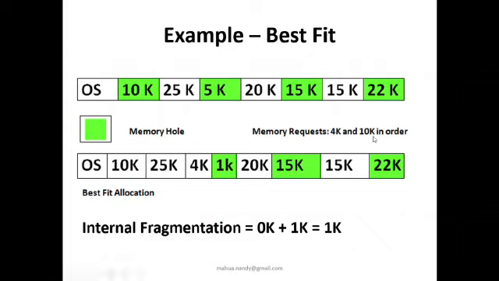And the next request is 10K. Following best fit algorithm, the 10K hole will be allocated to 10K request. So following best fit algorithm, we are getting 0K plus 1K, that is total 1K of internal fragmentation.